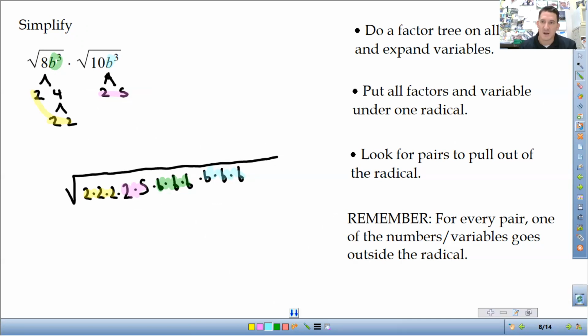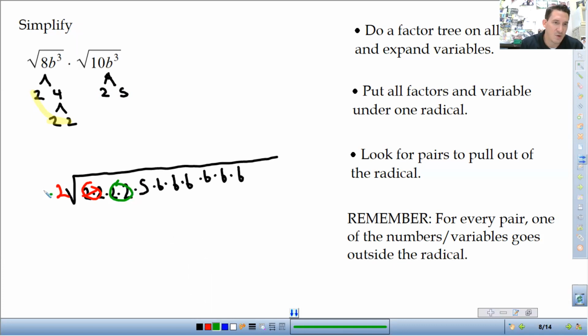So we're not confused, let me get rid of the highlighting. There we go. So now you just look for pairs, and for every pair, put one on the outside. So I have a pair of 2s. So one 2 is going to go on the outside, cross it out. I have another pair of 2s. So one 2 on the outside, cross it out.